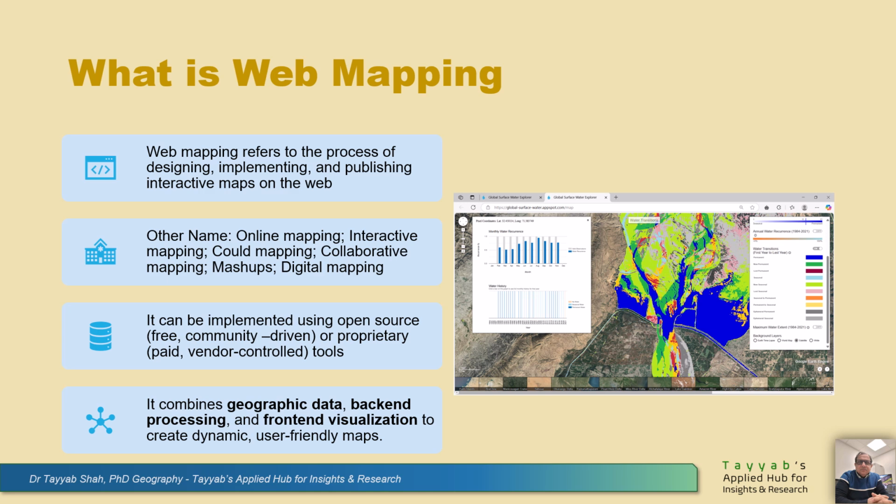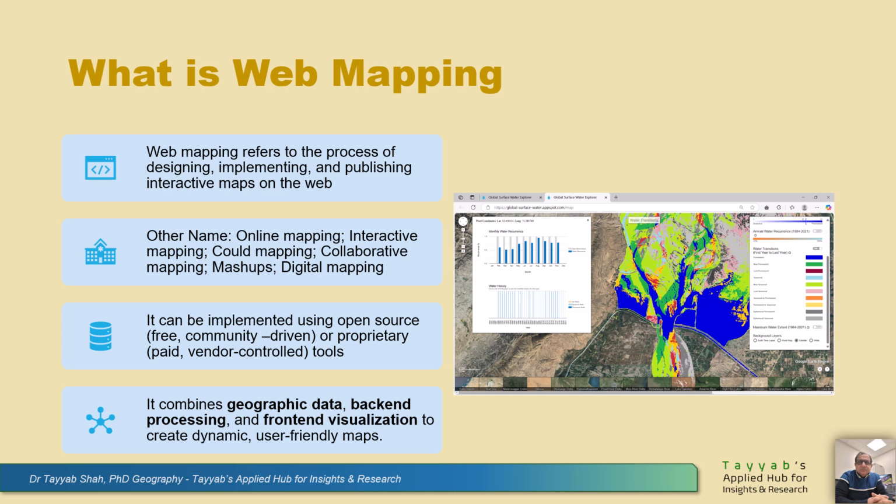For example, mashups usually describe a combination of different things: maps, APIs, and open source and proprietary tools. You put them together, and those kinds of platforms are referred to as mashups. Interactive mapping means you can interact with the maps: you get information pop-ups and you can make queries.